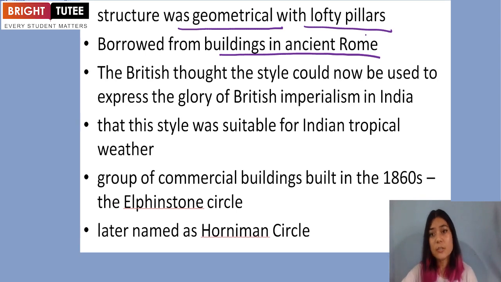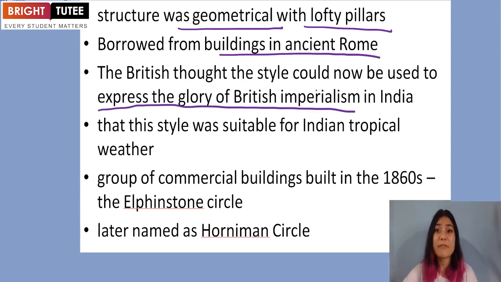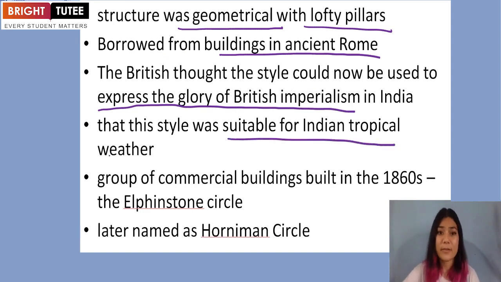Now, the British government used this neoclassical style in building the imperial buildings in India because they thought this would express the glory of British imperialism in India. They also thought that this style was suitable for the hot weather that India experienced, because this kind of style used marbles and was white in color most of the time, which was suitable for the tropical weather in India.